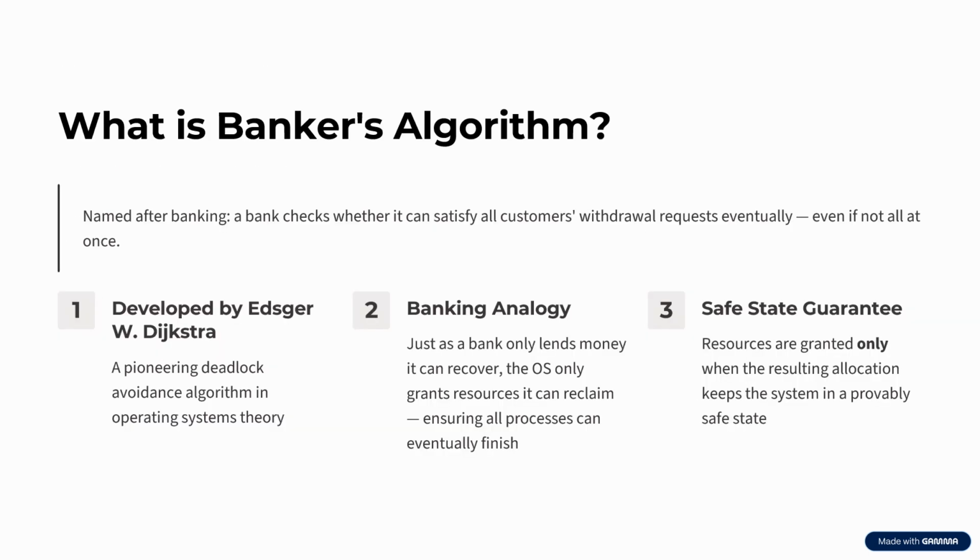So, what is Banker's algorithm? The basic idea is like a bank analogy. A bank manages cash flow and will not grant a loan unless it can safely manage its remaining cash against customer demands. The OS will only allocate resources if it can guarantee that all processes can eventually complete execution.